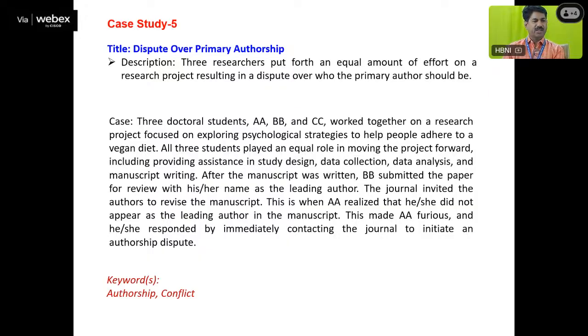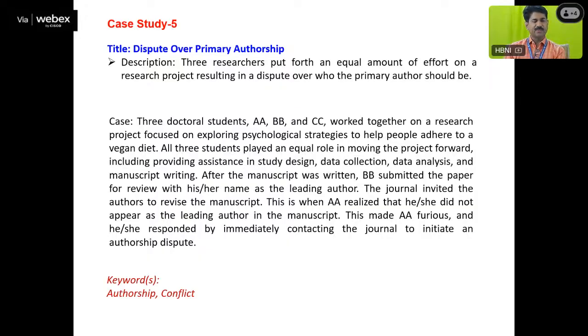The description of this case study is: 3 researchers put forth an equal amount of effort on a research project, resulting in a dispute over who the primary author should be. So 3 researchers carried out a collaborative work, and they all put in an equal amount of effort for finding the output of the research.